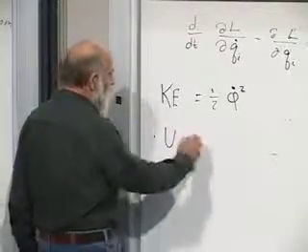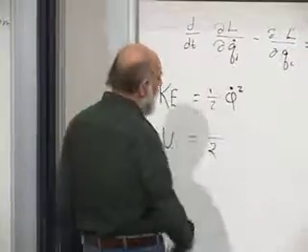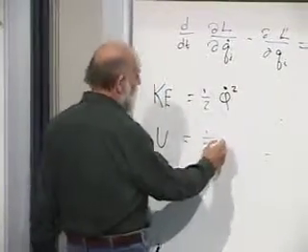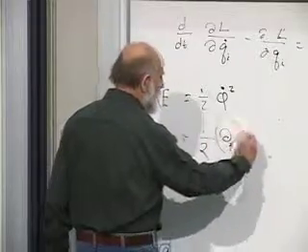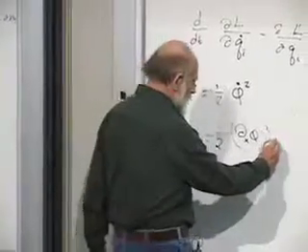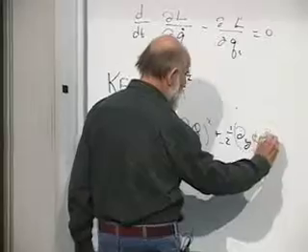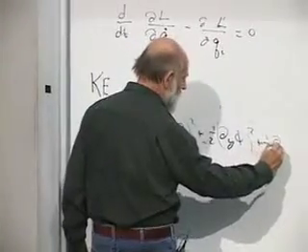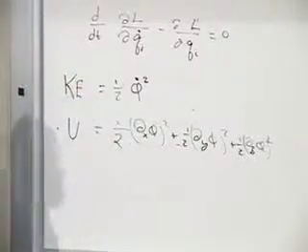We call it U. That will have 1/2, in our example over there, 1/2 the space derivatives plus 1/2 So these constitute potential energy.